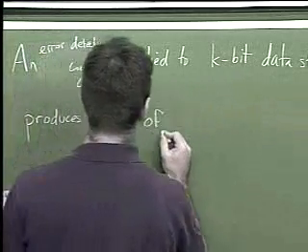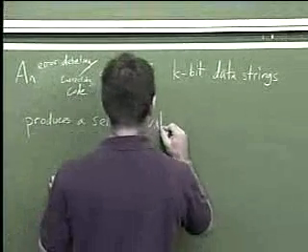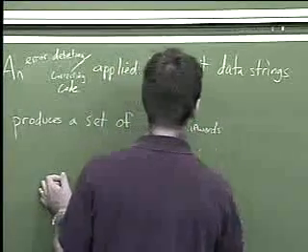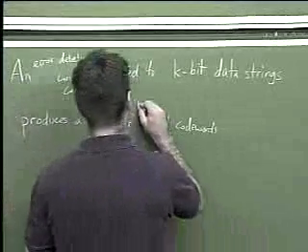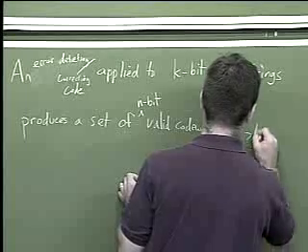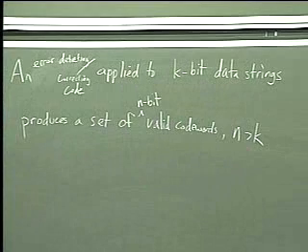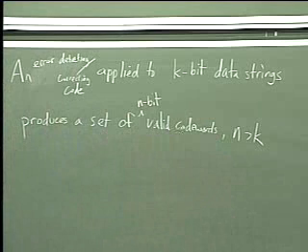produces a set of valid n-bit code words, where n is going to be greater than k. Right? So for instance, for the 1D parity code, n is k plus 1. Right? You're always attaching 1 bit.